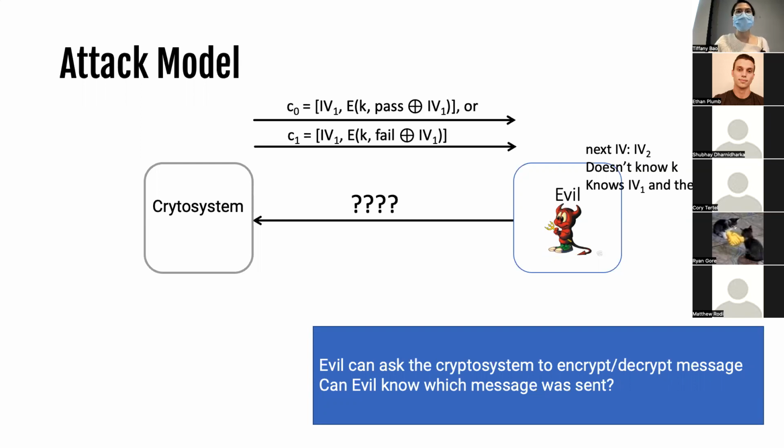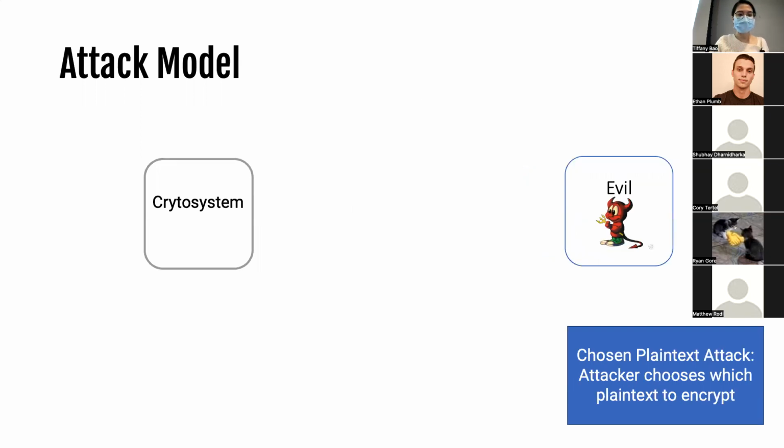All right. No more? Let me start to talk about that then. So this is the so-called chosen plaintext attack. This means that Evil, the attacker, is going to craft a very special message and then ask the crypto system to encrypt this message. That's why it's called chosen plaintext.